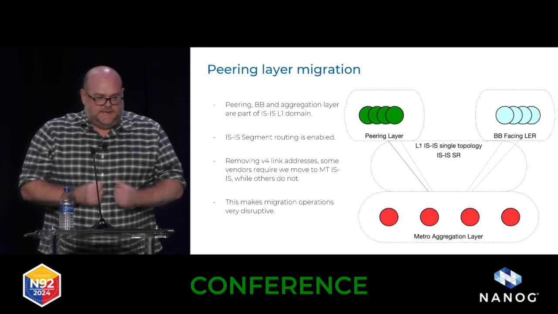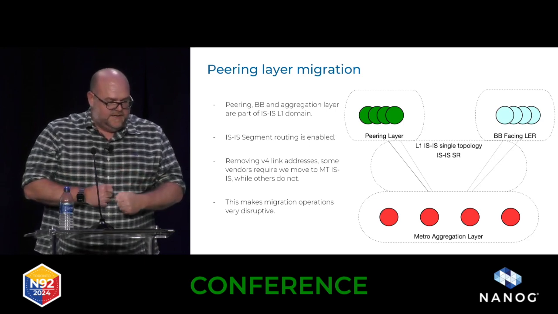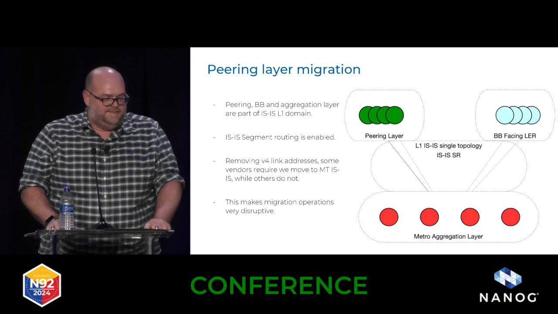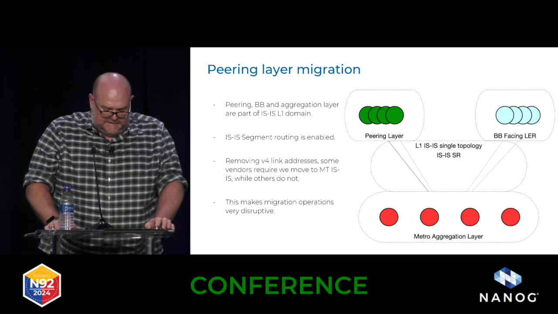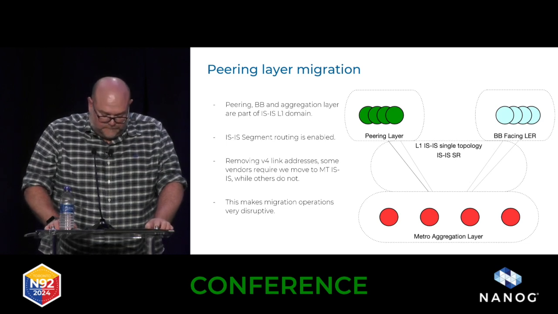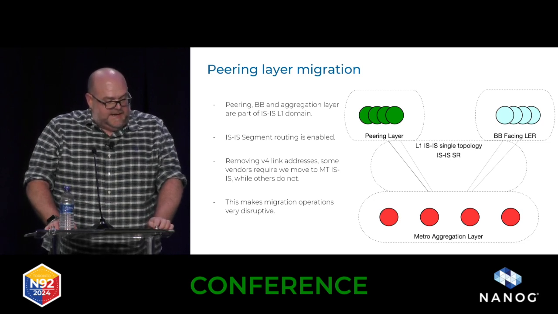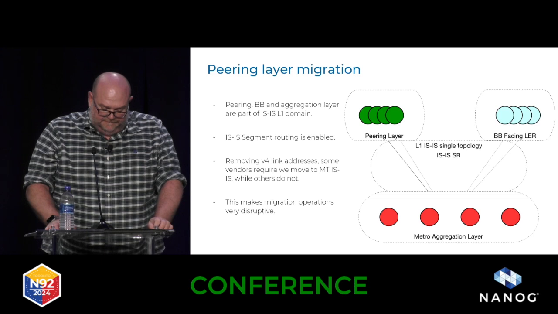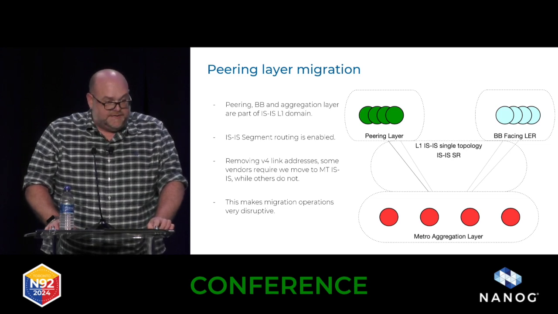Okay, so once we've done the metro aggregation up to the top rack server, the last piece is the peering layer. So in the peering layer, we operate an ISIS level 1 domain with segment routing. So it's a single topology ISIS, which it turns out does not consistently support v6 only across vendors.